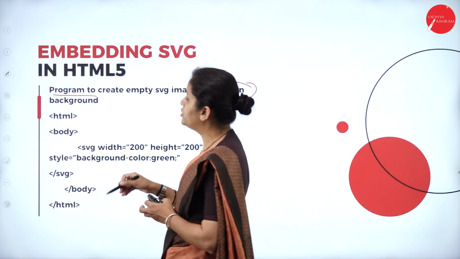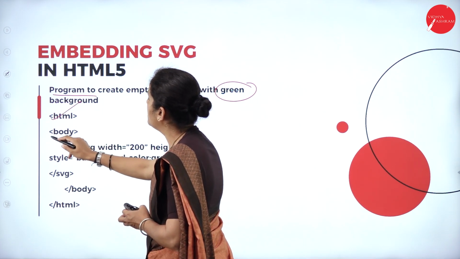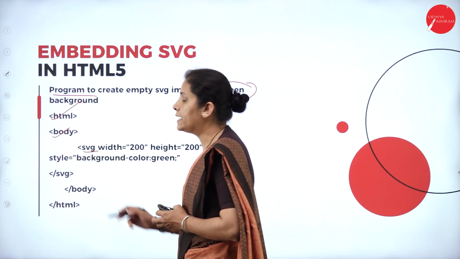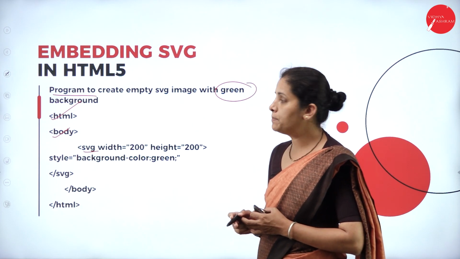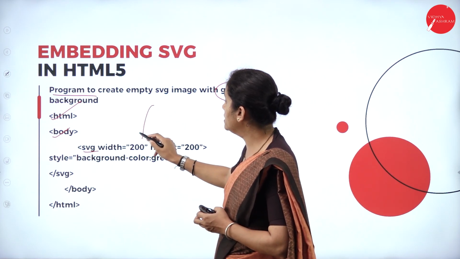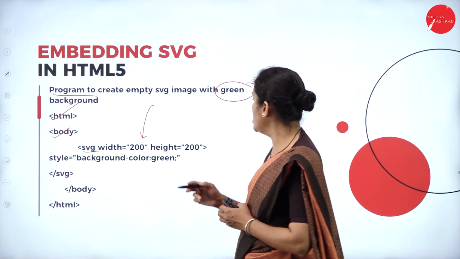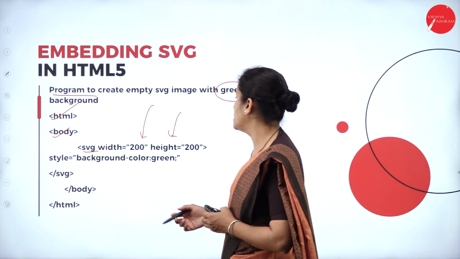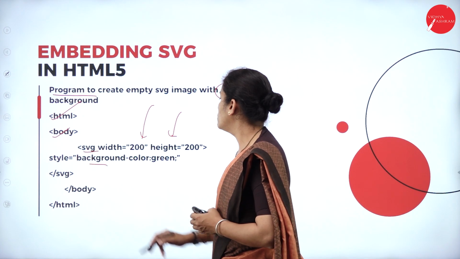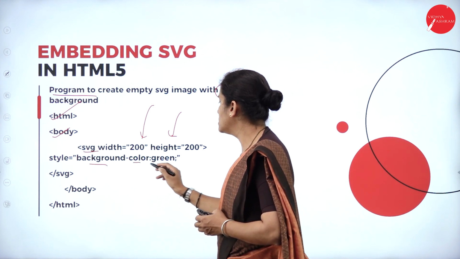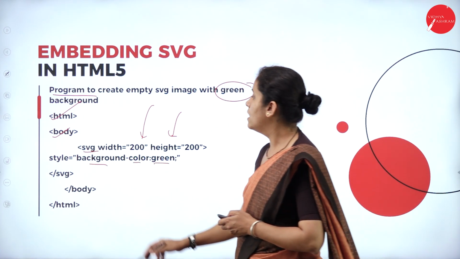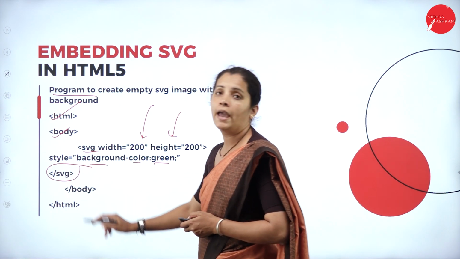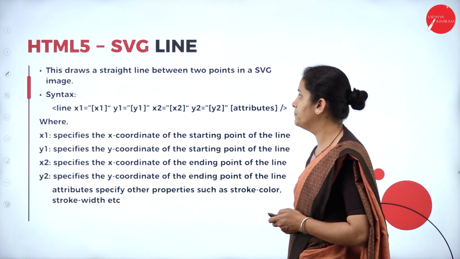So I have my HTML code, body is my tag, SVG is my tag. I'm going to specify the width of the image and height of the image, and my style is background color is green, and I'm going to close the SVG tag.